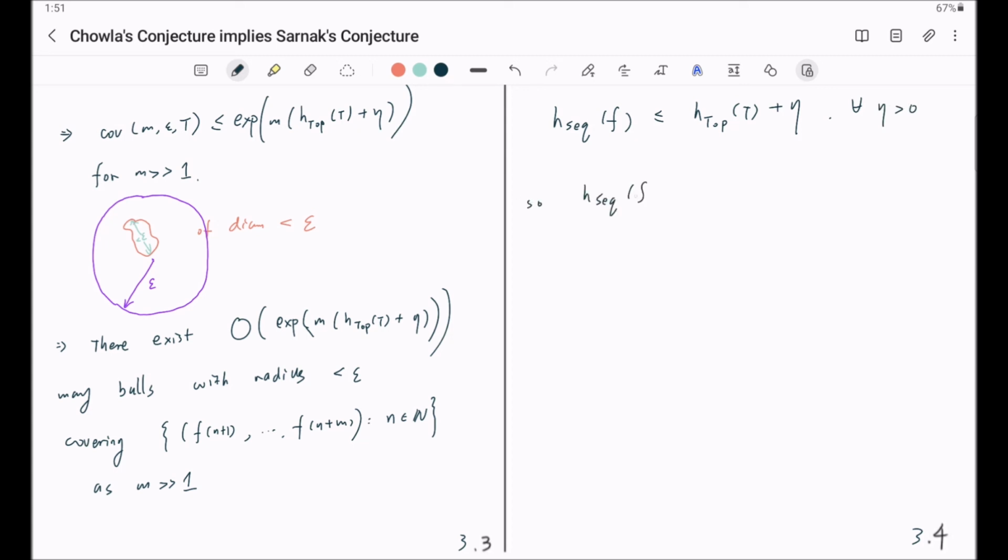So h_sigma of F is less than or equal to h_top of T. And this finishes the proof.